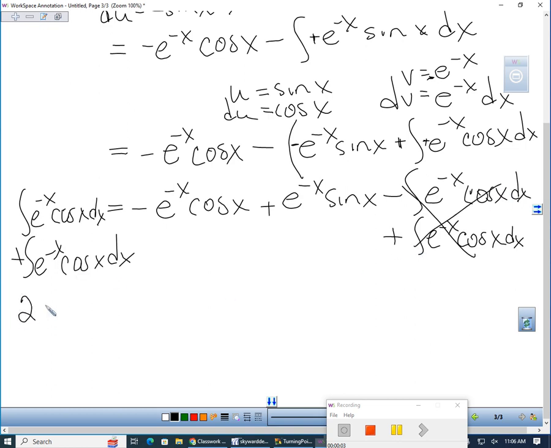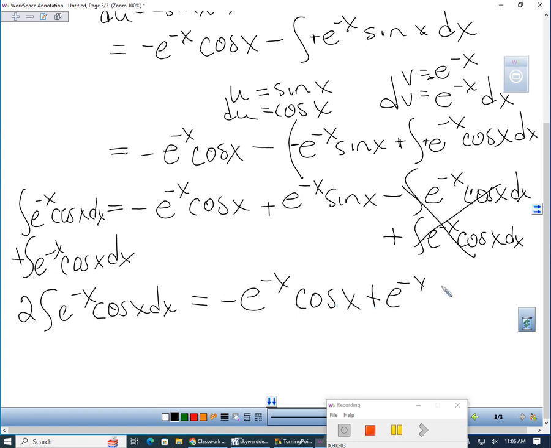So I have 2 integral e to the negative x cosine x dx equals negative e to the negative x cosine x plus e to the negative x sine x. And then I'm going to divide both sides by 2. And then put plus c. Well, that's just saying what this equals. Yeah. Because you added it to the other side. That's what it just started off as.